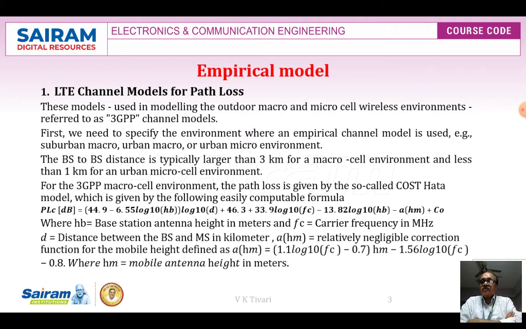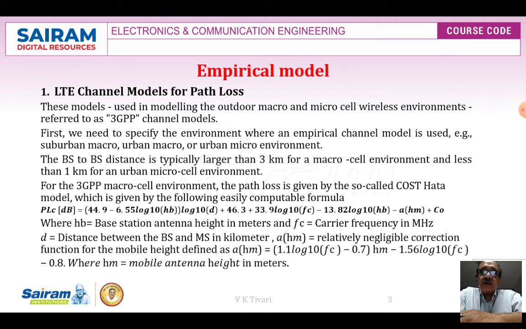For the 3GPP microcell environment, the path loss is given by the so-called Cost-Theta model, which is very famous to overcome the losses due to environment, given by the following easily computable formula. The path loss of the Cost-Theta model, in dB, equals 44.9 minus 6.55 log10 HB, times log10 D, plus 46.3 plus 33.9 log10 FC minus 13.82 log10 HB, minus A(HM), plus C0, that constant.